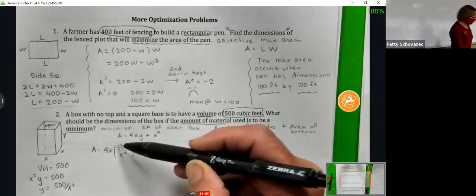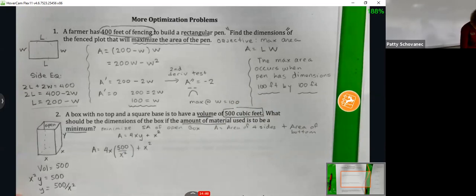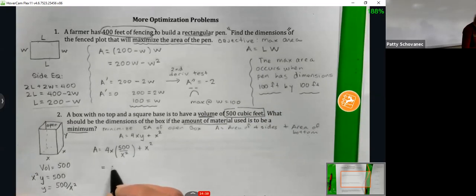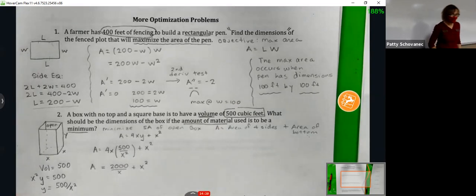So let's write that first term as 2,000 divided by x. Okay. Now we've got it set up for us.